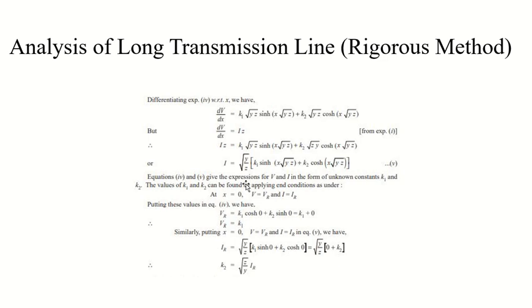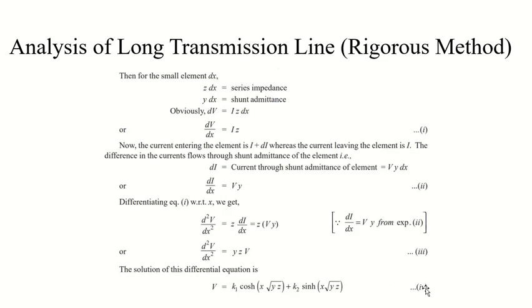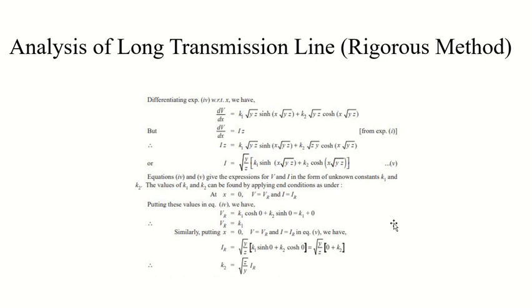If you have paid attention, equations 4 and 5 are the expressions of V and I in the form of constants k1 and k2. Now that we have derived the equations for V and I, we will try to find the values of k1 and k2. Remember, the values of current and voltage change as time progresses.